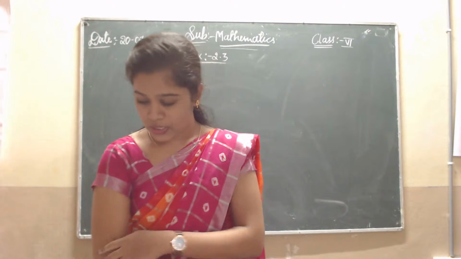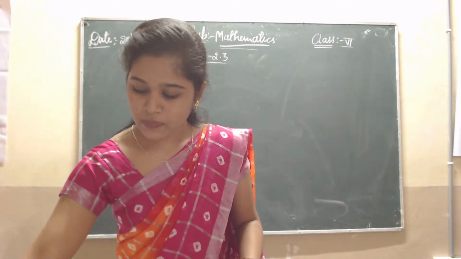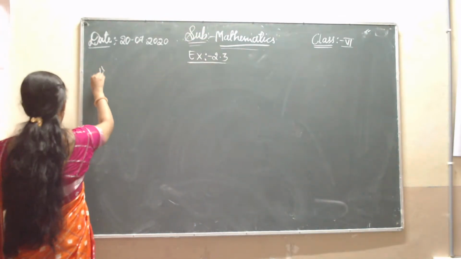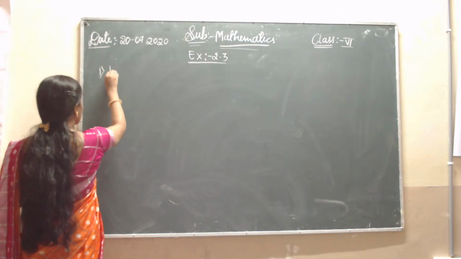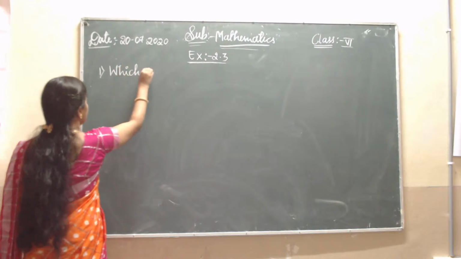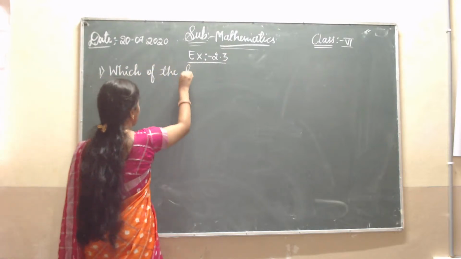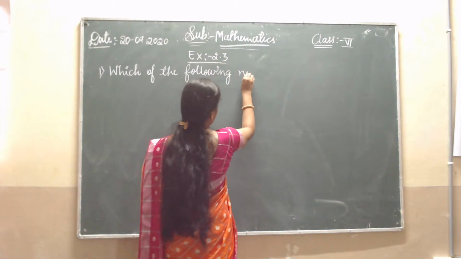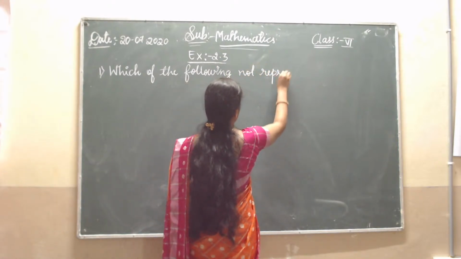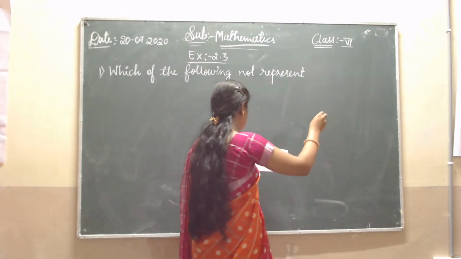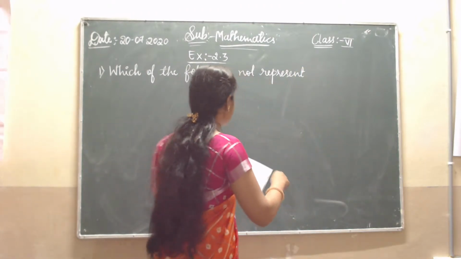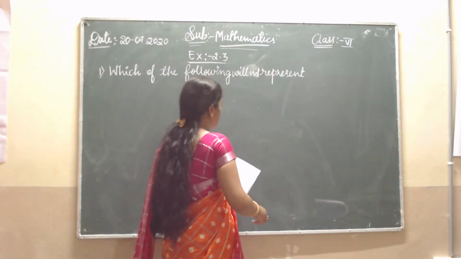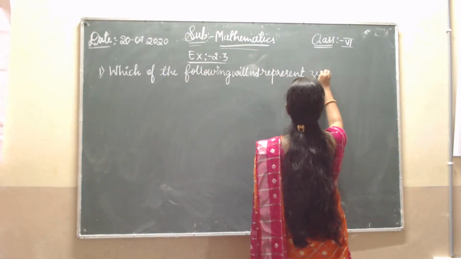Now, exercise 2.3. First question. Which of the following will not represent 0?